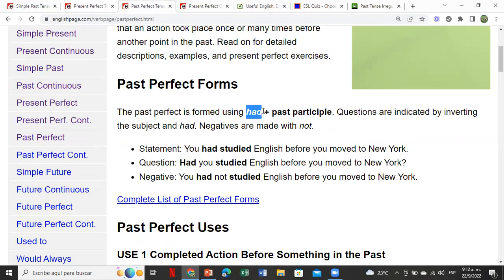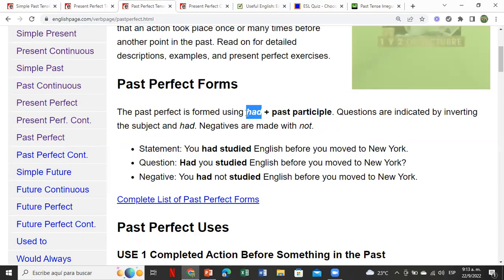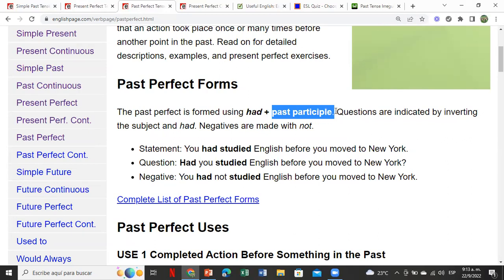Had. Observe mi presentación. Presente perfecto, has y have. Has, terceras personas, have, primera persona. Pasado perfecto, no importa el sujeto, el auxiliar siempre va a ser had. Y siempre voy a utilizar un verbo en pasado participio.